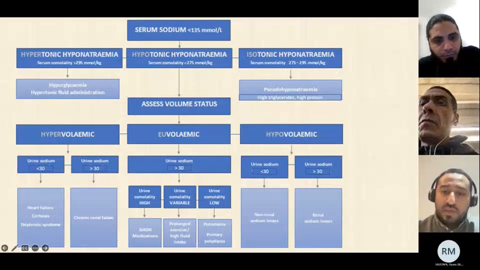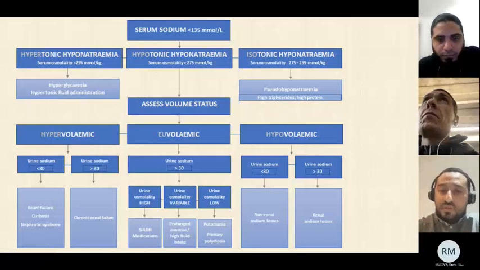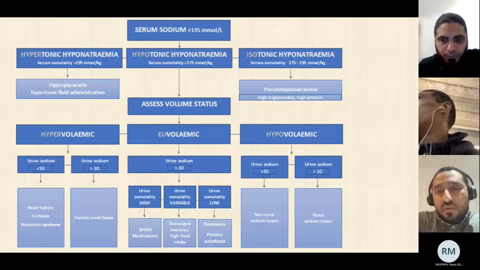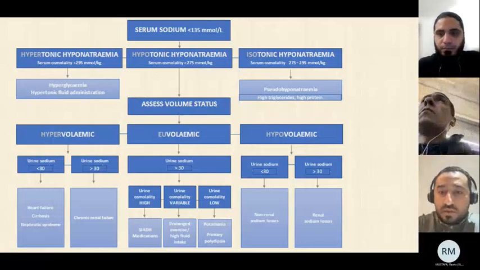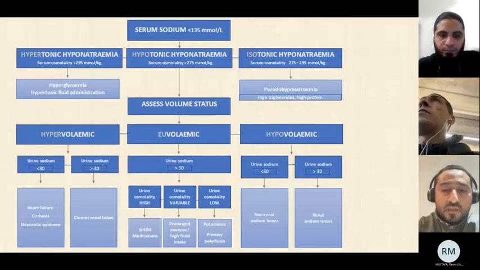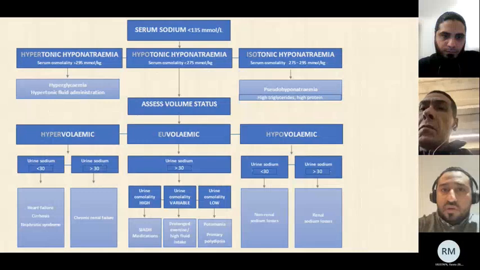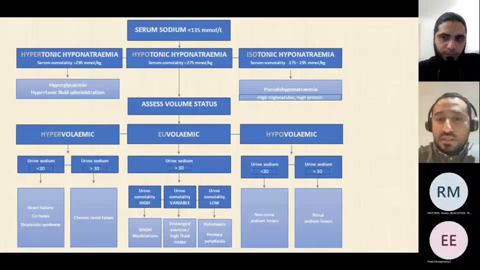In hypovolemic hyponatremia, again, we'll check the urine sodium, and you'll need to know if the kidney is losing sodium or not. So if the patient is hypovolemic, such as in diarrhea, you are not expecting the sodium to be high in urine because the source of loss is non-renal.